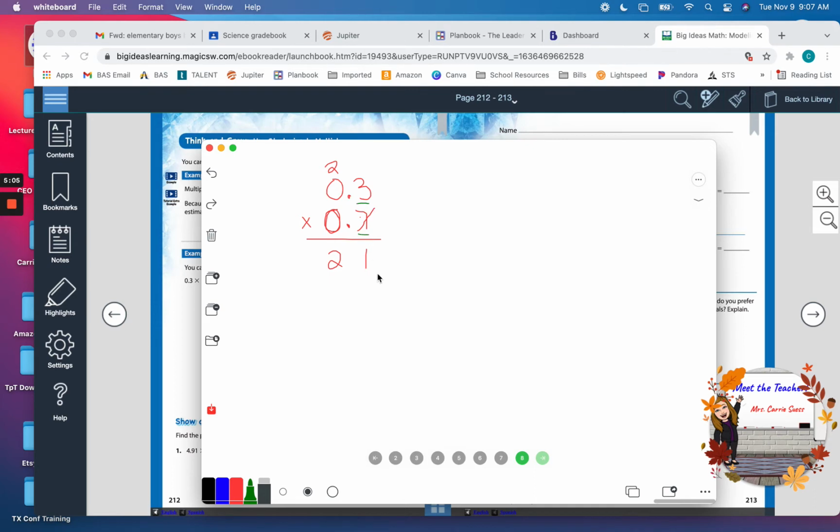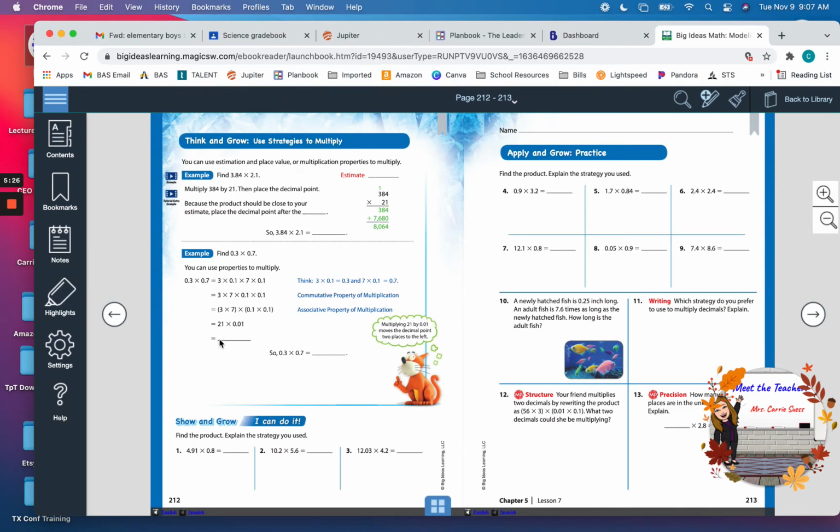So there's how many? 2. So we're going to go 2. Now, can I just write .21? No, 0.21. It has to have the placeholder. That makes it less confusing. Yes. 0.21 is your final answer. Write that in your books, right here in the answer.